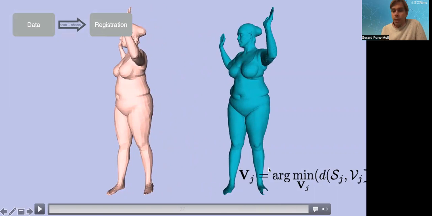So essentially, we want to minimize something like this, arg min over the vertices of the registration, the pink mesh, to minimize the distance between the scan, the green mesh, and the pink mesh, Vj. So I will often use this notation of mathcal V to denote the mesh, which includes the vertices and the faces, and mathbold V to indicate the matrix of vertices, okay?